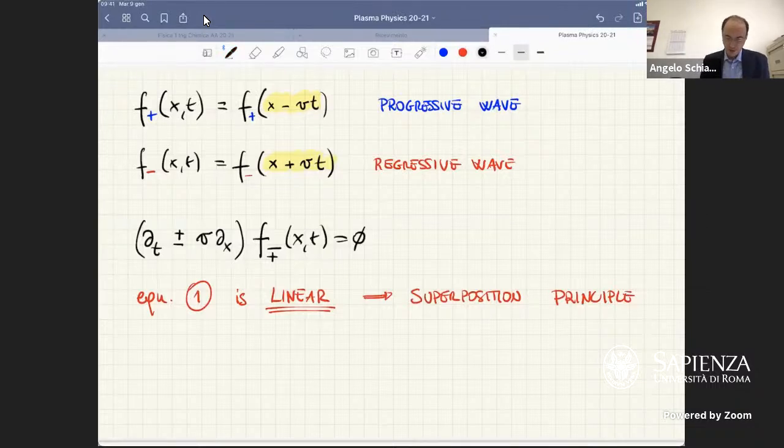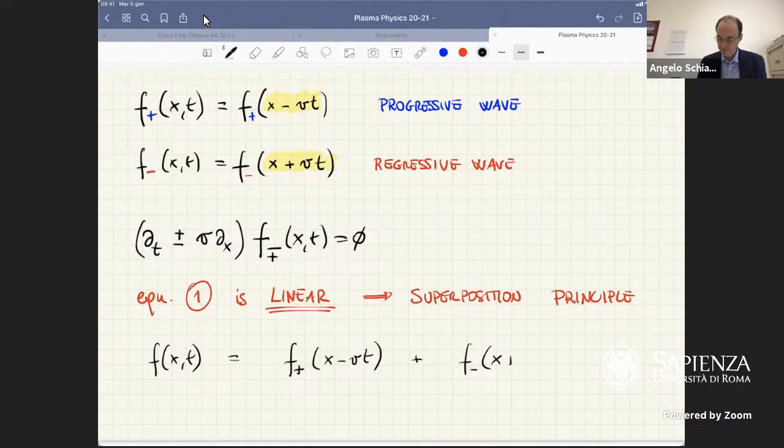Which means that a general solution to our wave equation, so a general wave, can be constructed as the sum of a progressive part, f plus, which is a function of x minus vt, plus a regressive part, f minus, a function of x plus vt, with appropriate coefficients.